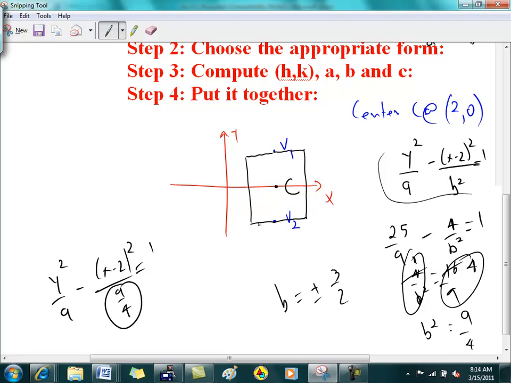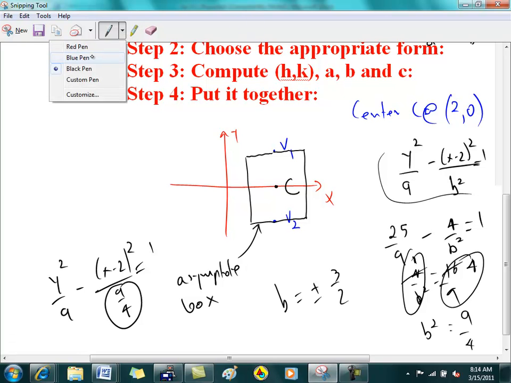This is called the asymptote box. Your asymptotes are the diagonals of this box.